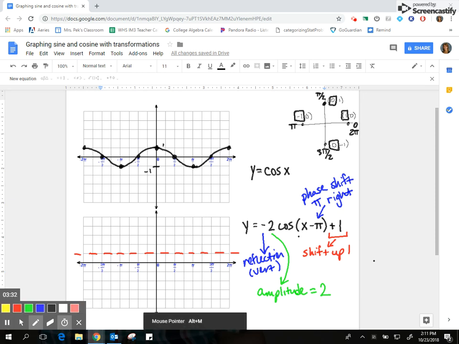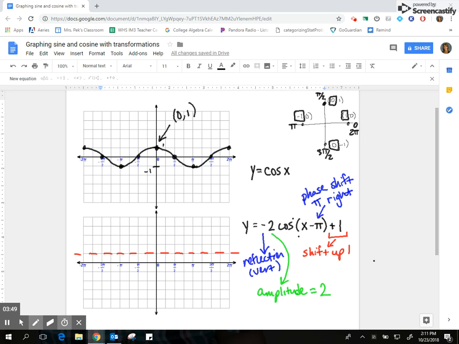So to put all this together, we've already drawn our red horizontal dashed line there representing our shift 1 unit up. Our cosine function would start typically up at the point 0, 1. But we're going to do some things to that. We're going to shift it pi units to the right. And I'm going to be kind of along this red line now because I have shifted everything up.